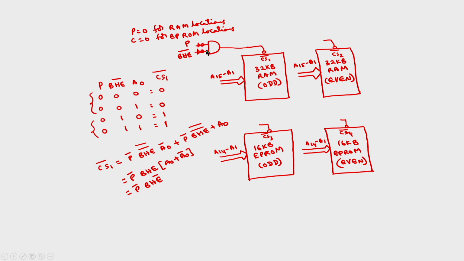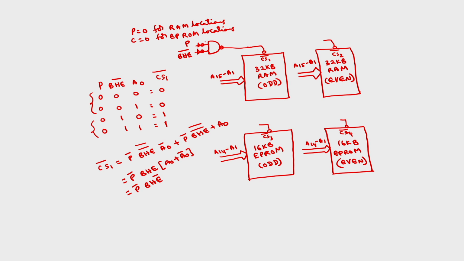Okay, now I think it's correct. If both are zeros, then these two will be 1, so the output will be 1, so it will not be selected. This should be a NAND gate. Both zeros means 0 0, this will be 1 1 1, and it will be 0. If any one of the inputs is 0, then what happens here? This will be 1 0.